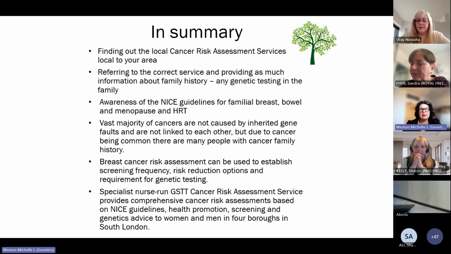As we've explained, the majority of cancers are not due to an inherited genetic mutation, and it's just important referring people to the appropriate clinics, really. So whether it's genetics or whether it is for a family history assessment.